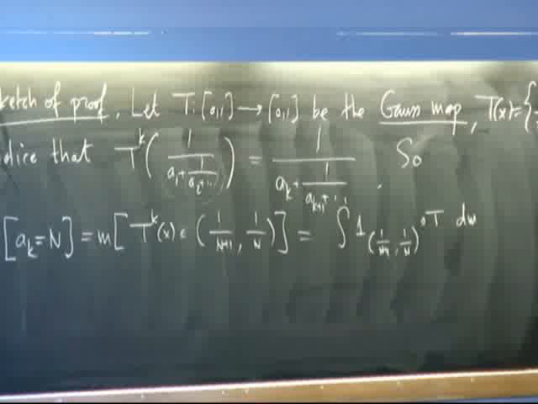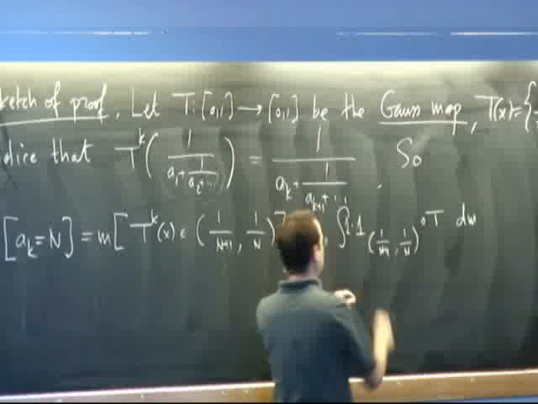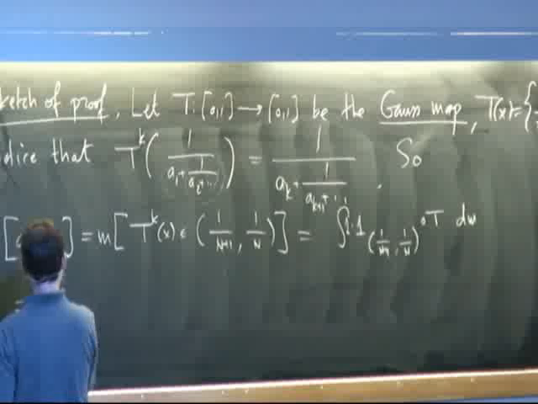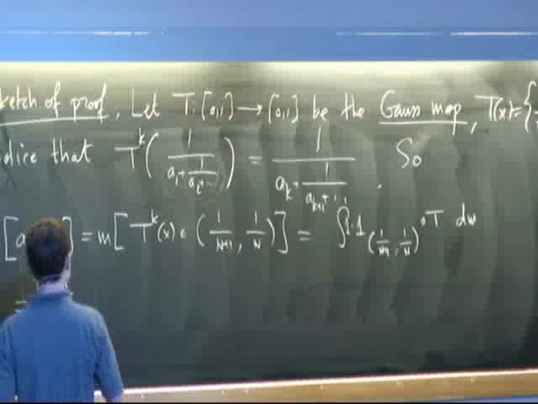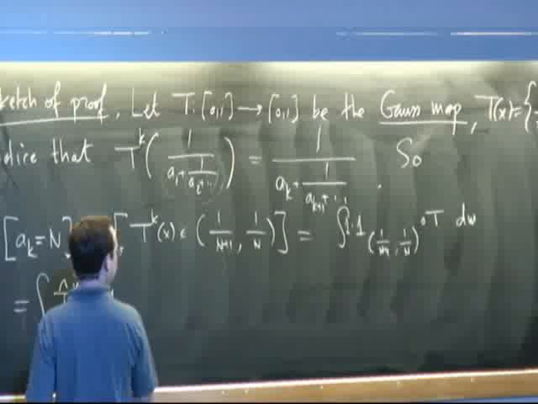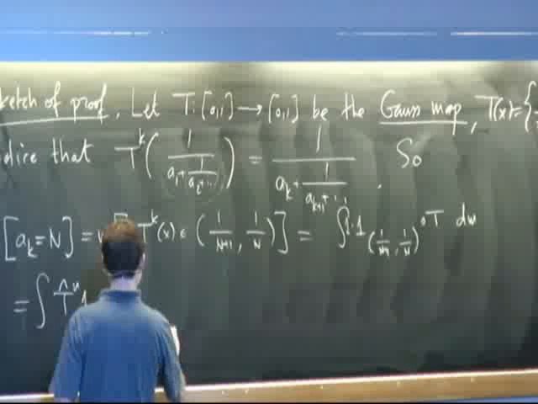And now we apply the characterizing property of the transfer operator. I can write this as this bounded function composed with T times the constant function 1. So by the definition of the transfer operator, this is T hat^n 1 times the indicator of 1 over n plus 1, 1 over n.